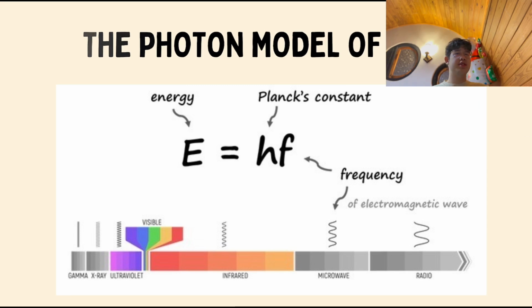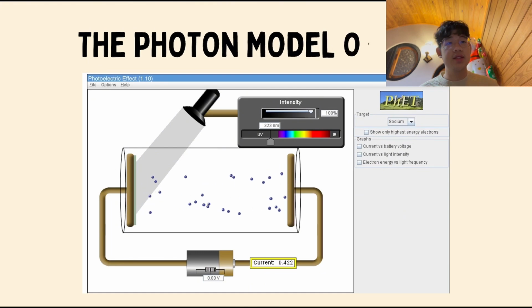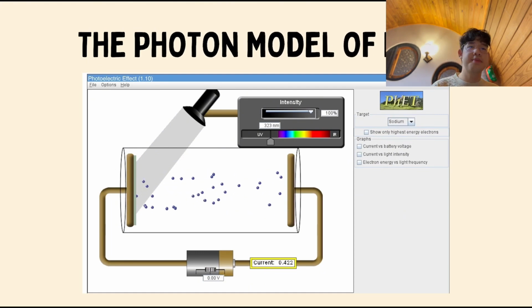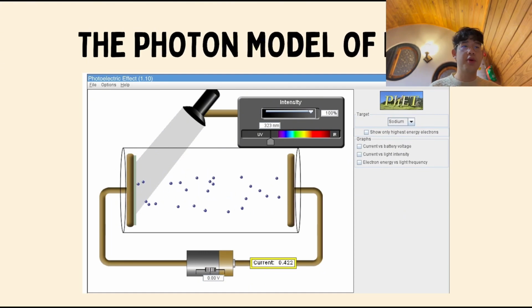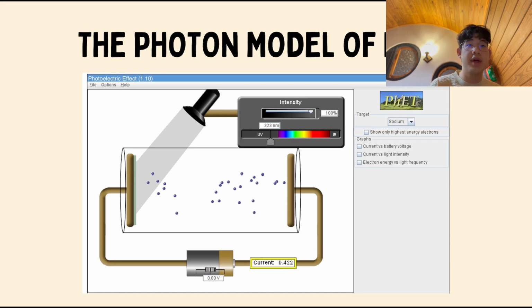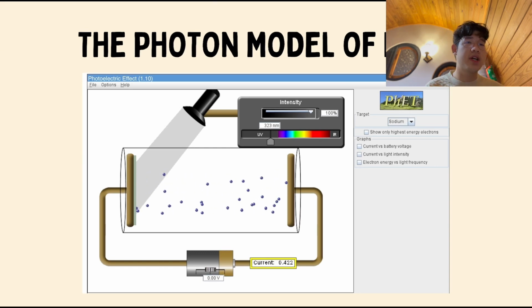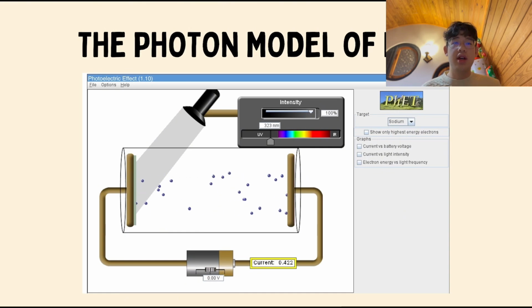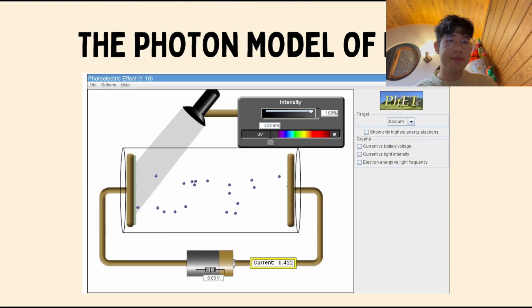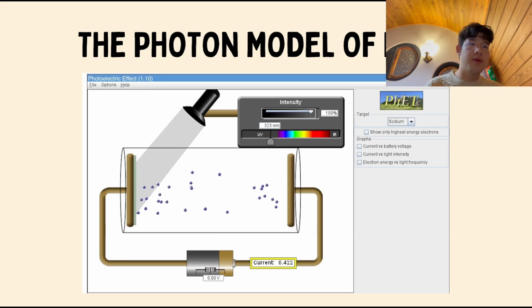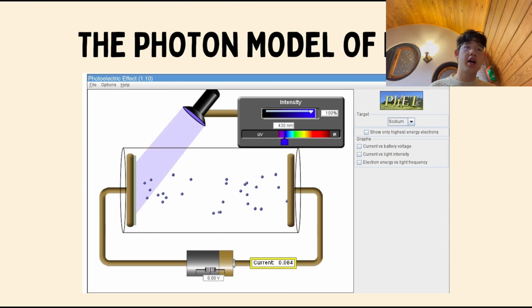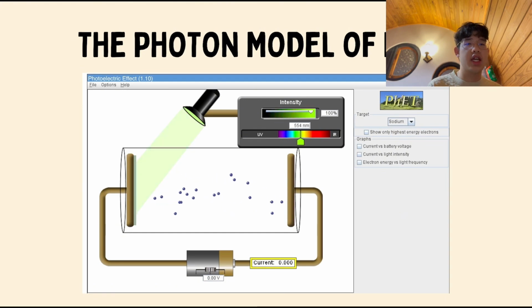And here's how it works. When a photon hits the metal, the energy is used to overcome the work function, which is the minimum energy needed to eject an electron. If the photon's energy exceeds the work function, the extra energy becomes the kinetic energy of the ejected electron. This explains the threshold frequency: below it, photons don't have enough energy to eject electrons.